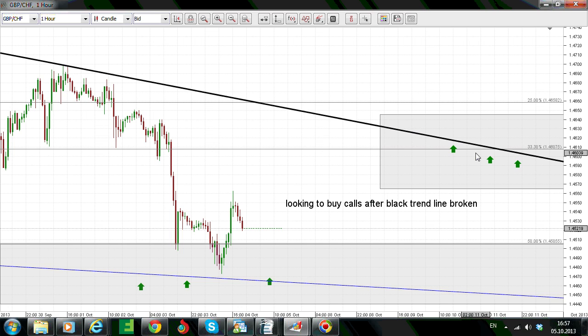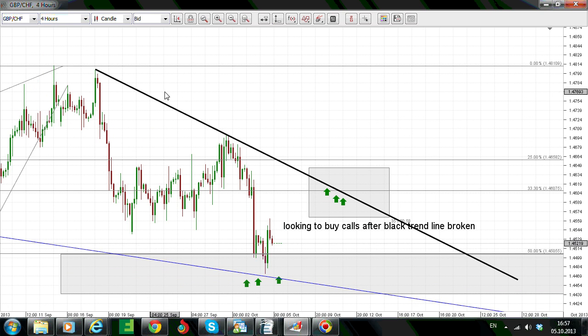If you are buying calls based on the 1 hour chart when this trend line is broken on the 1 hour chart, usually, but it's not mandatory, price comes and retests it. So the buying calls should be either end of day or a couple of hours. But if you are buying calls based on the 4 hour chart or the daily chart, then you are looking for more to come.